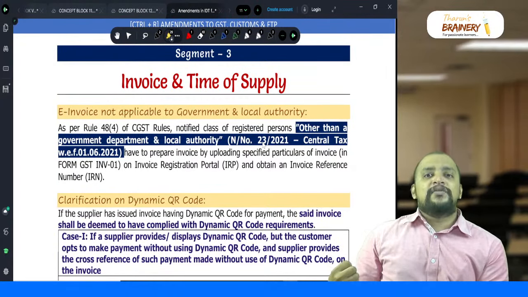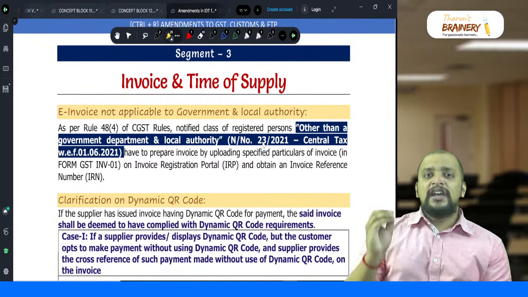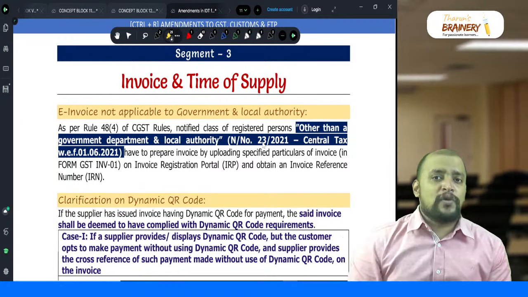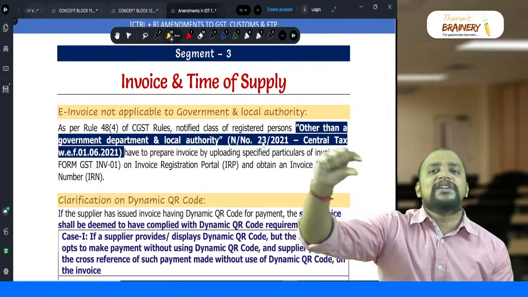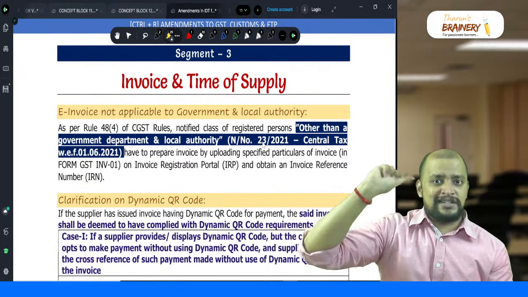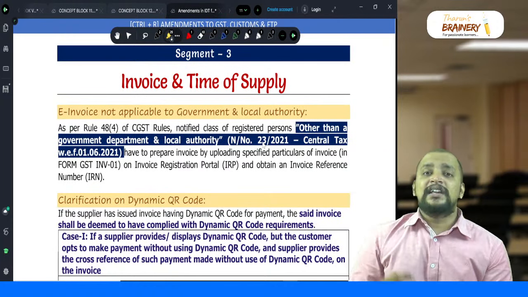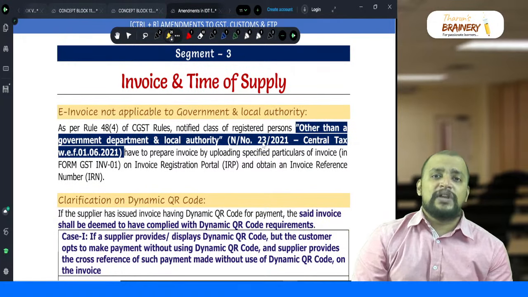When you upload, the portal will give three things for this e-invoice. An invoice reference number, a hash, like an encrypted code, will be generated, then a QR code will be attached, and then a digital signature will be done.